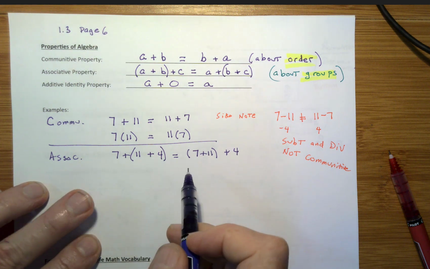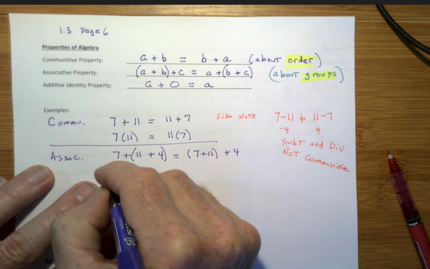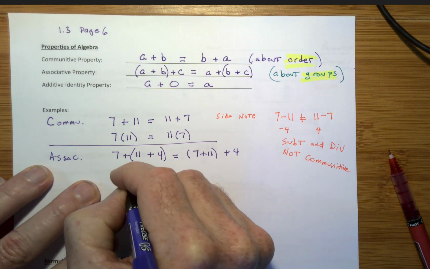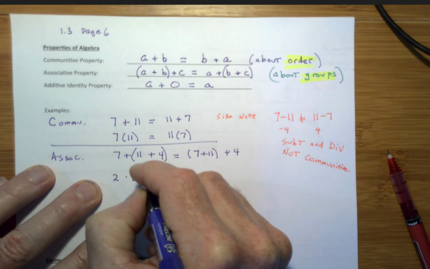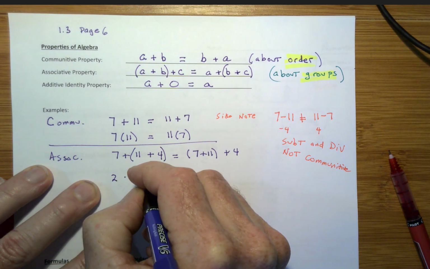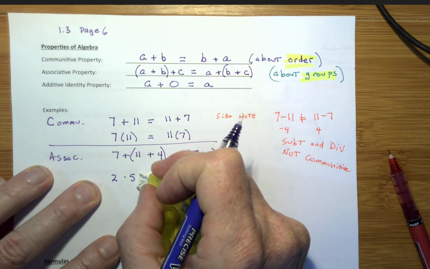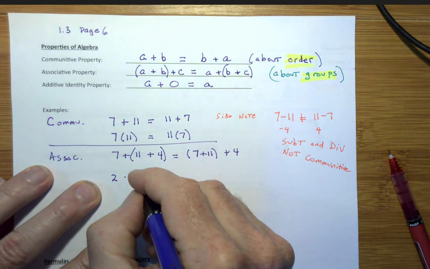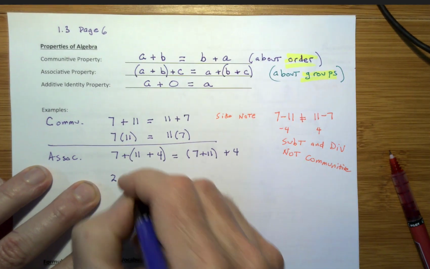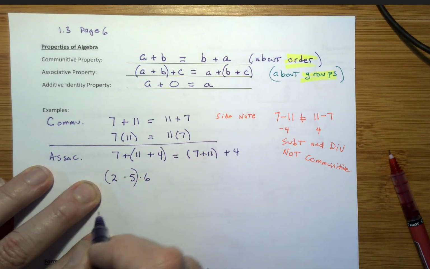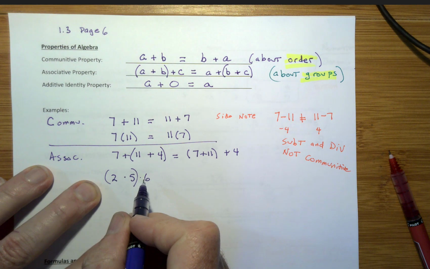This works with multiplying. If we do 2 times 5 times 6, let's say we group these two. 2 times 5 is 10, times 6 is 60.